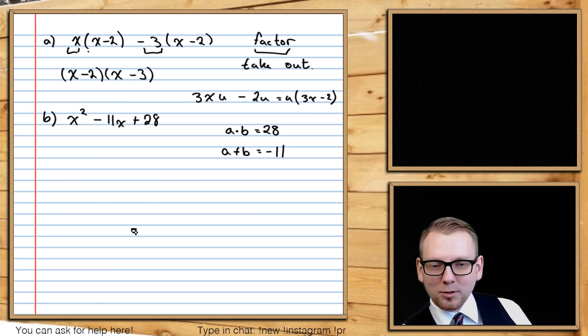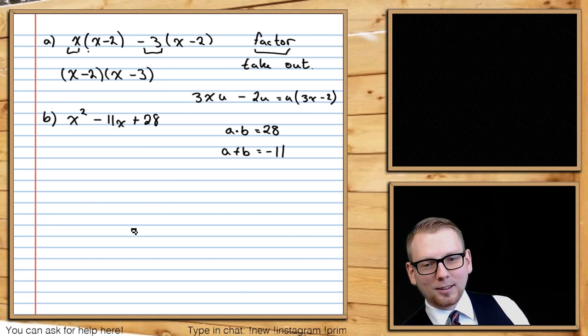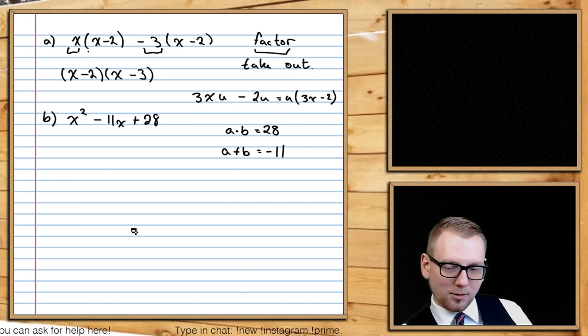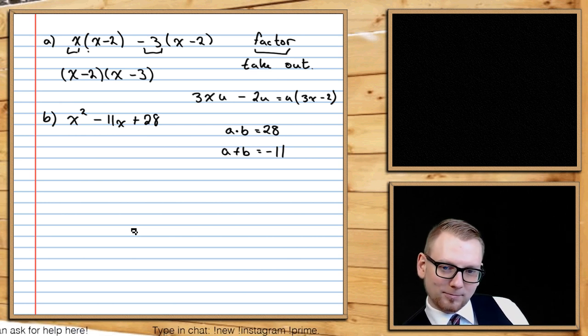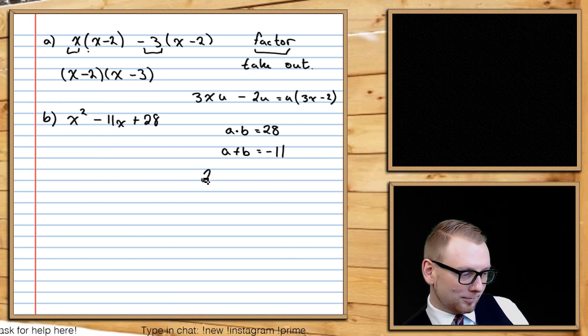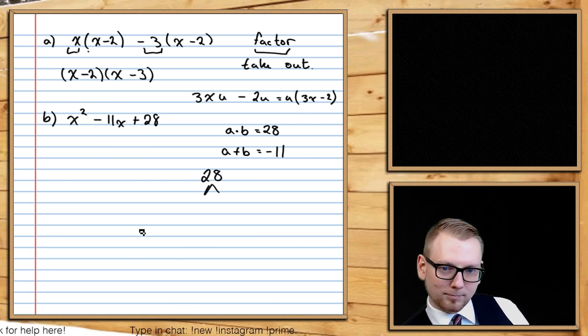Okay, let's start with the two numbers that multiply to give you 28. What are all the factors of 28? Yep, 4 and 7.